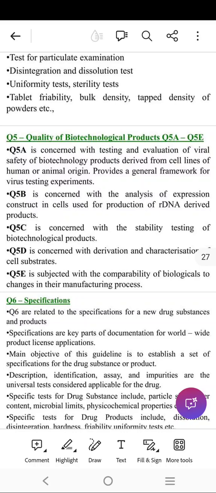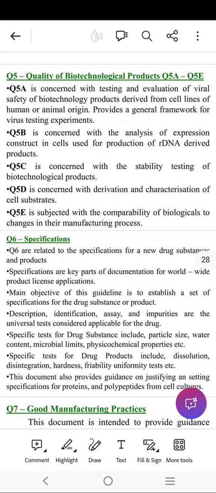Q5C is concerned with the stability testing of biotechnological products. Q5D is concerned with the derivation and characterization of cell substrates. Q5E is concerned with the comparability of biological products subject to changes in their manufacturing process.